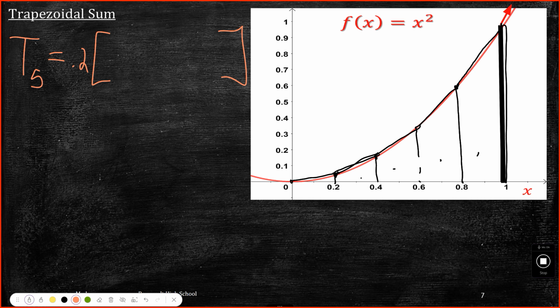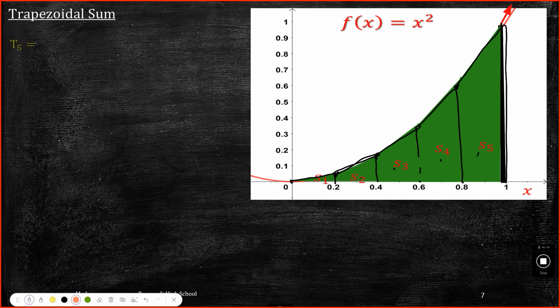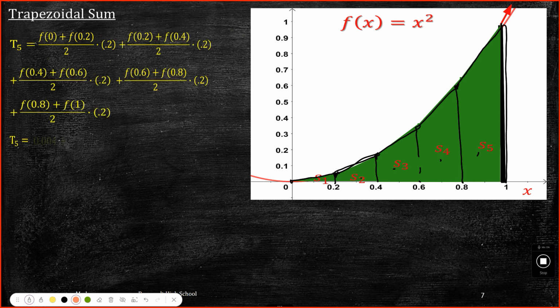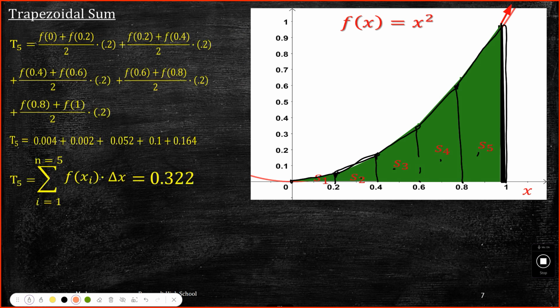So it would be 0 plus what, 0.2 divided by 2? And then 0.2 plus what, divided by 2. You get them all. So that's kind of the idea of this one. 0.322 is the answer when we do it this way.